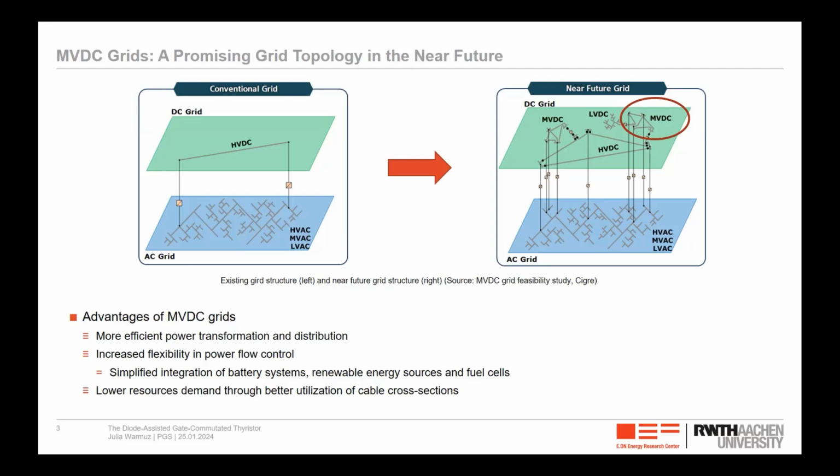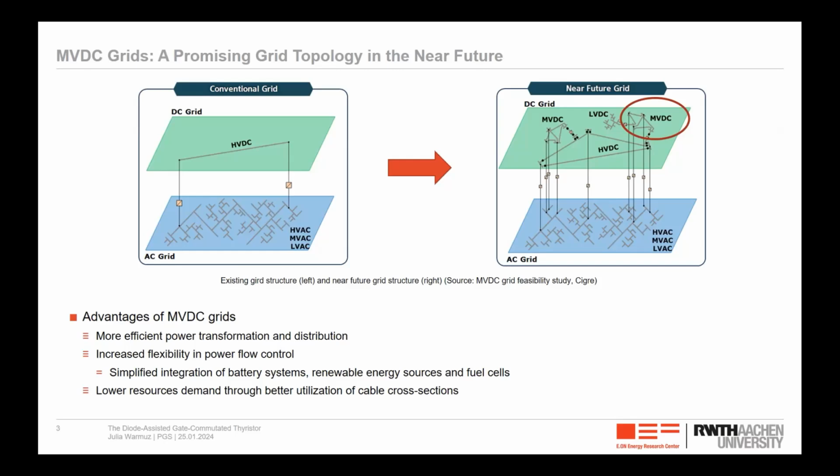So why do we build this grid? The advantage, not just for MVDC, but for DC in general, is that a more efficient power transformation and distribution is possible. When we convert the energy in DC, we can use power electronic devices, and they have a better efficiency in transformation.